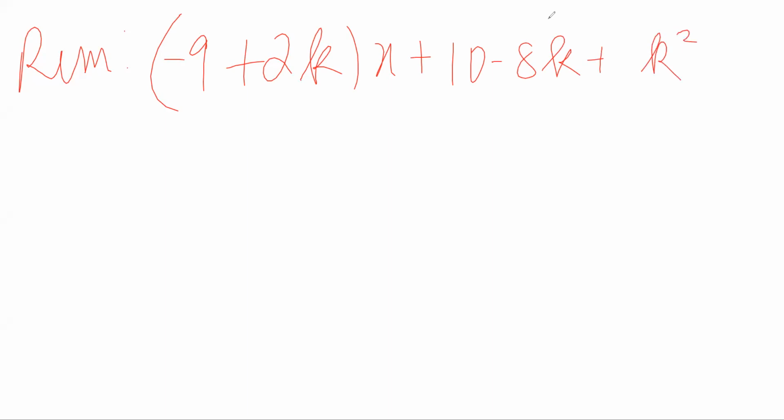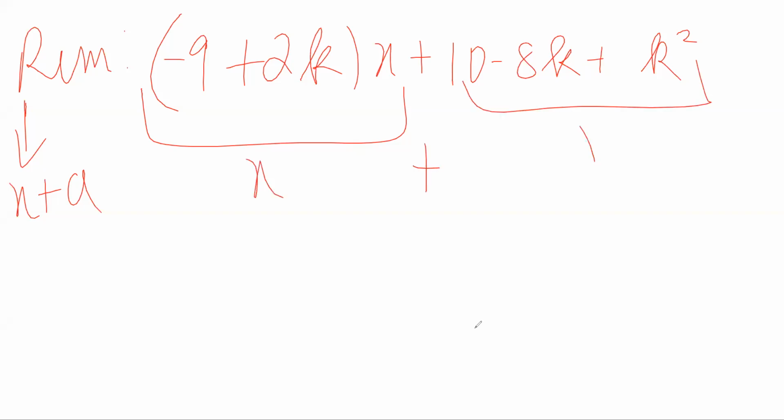So according to the question, remainder is in the form x plus a. So this is x and this is plus. This is going to be a.